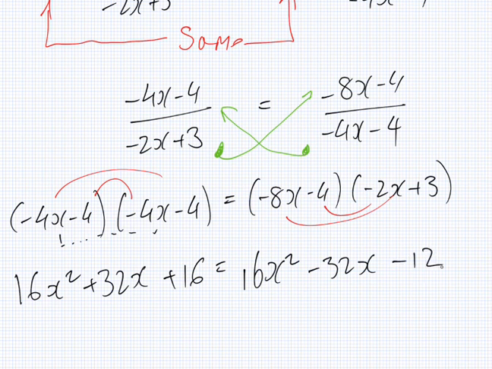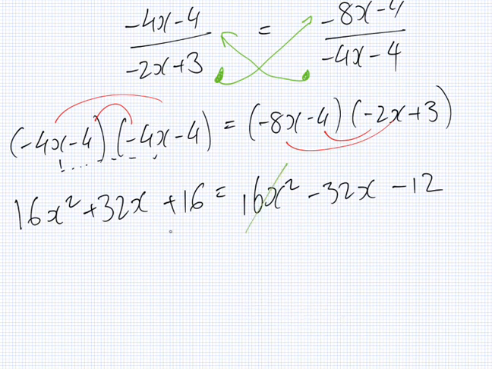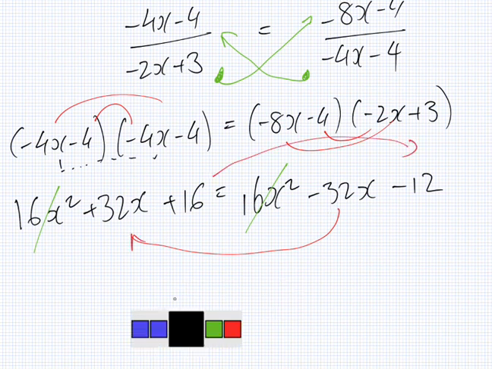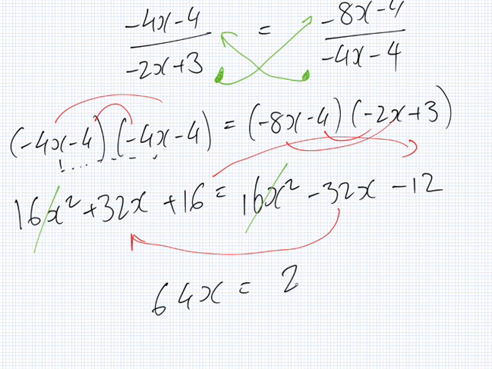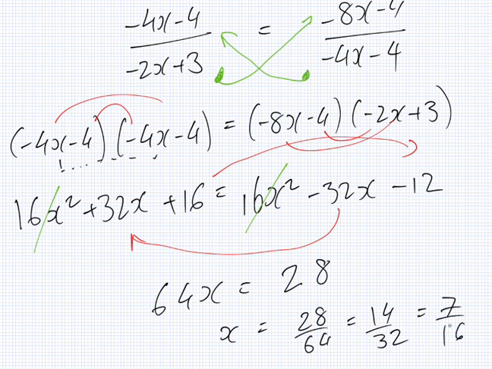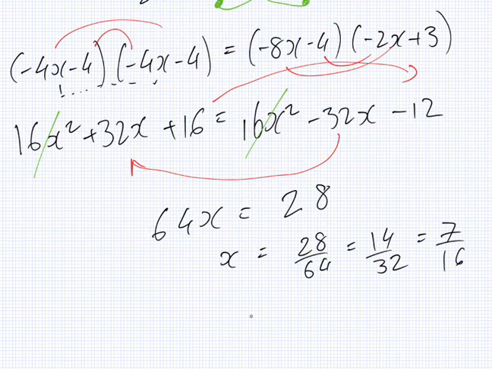I sure hope. Right, so that cancels with that, which is great. I can bring this over to the left and I can bring this over to the right. So I'll get 64x equals 28. So I have x is 28 over 64, which is the same as 14 over 32, which is the same as 7 over 16. So we think x should be 7 over 16. It will make it geometric.